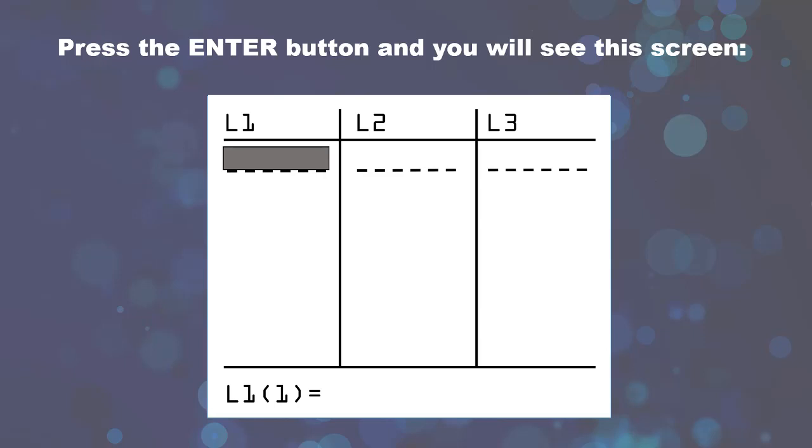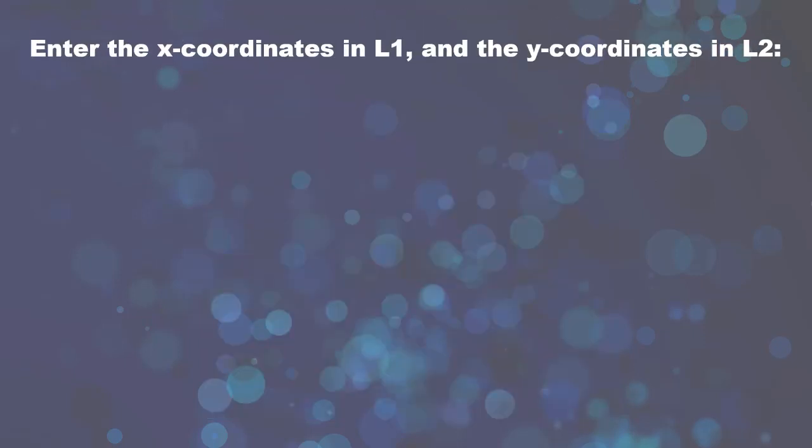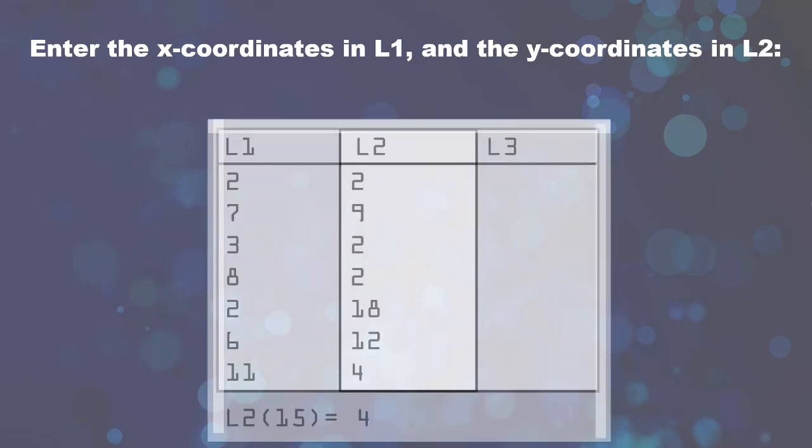You go up and highlight the name of the list, L1. You press the clear button on your calculator, and then you go back down into the list, and it will clear out all the data. Once you have your empty list, you're going to enter all of the x coordinates in L1 and the y coordinates in L2.